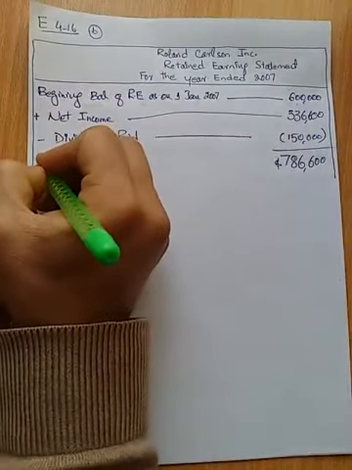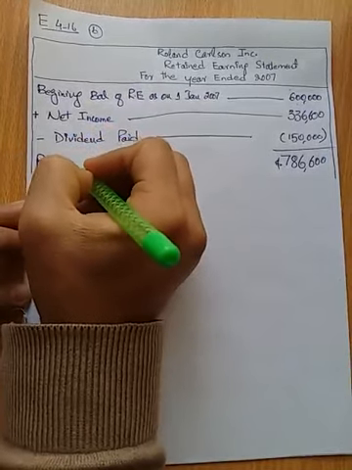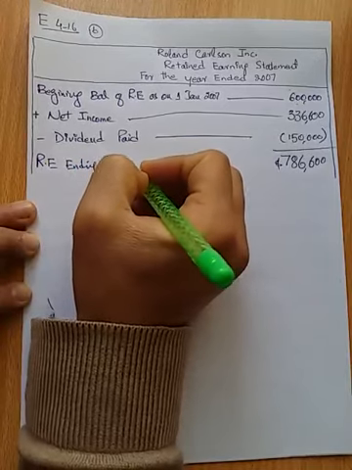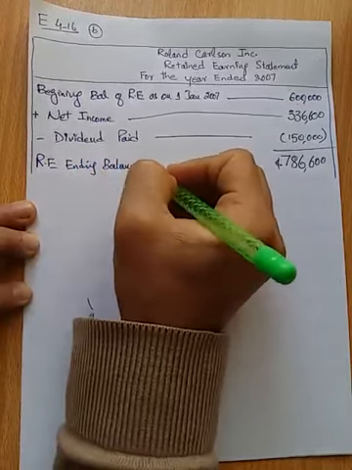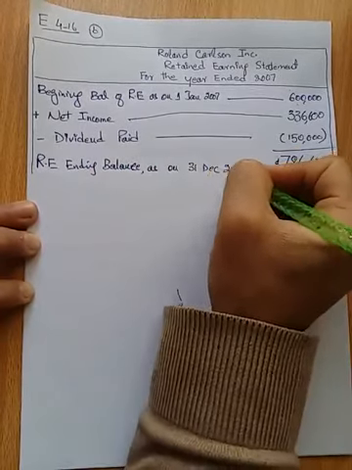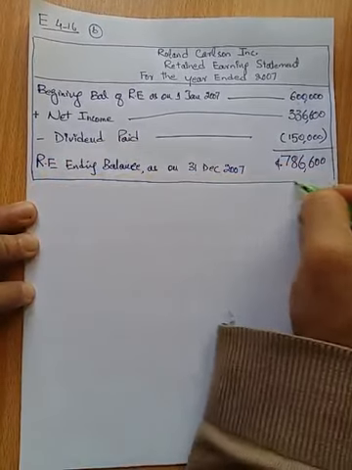This will be the retained earnings ending balance as on 31st December 2007. So this is our retained earnings statement, ladies and gentlemen.